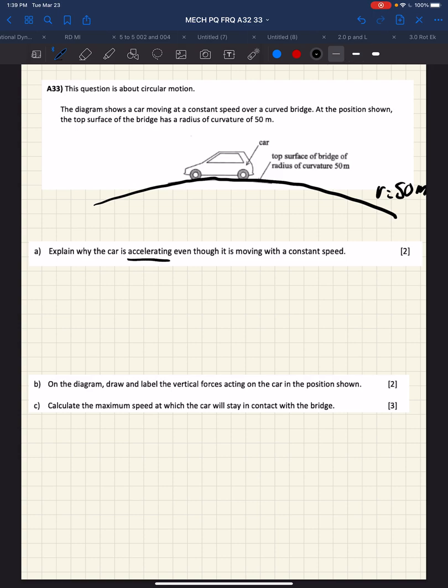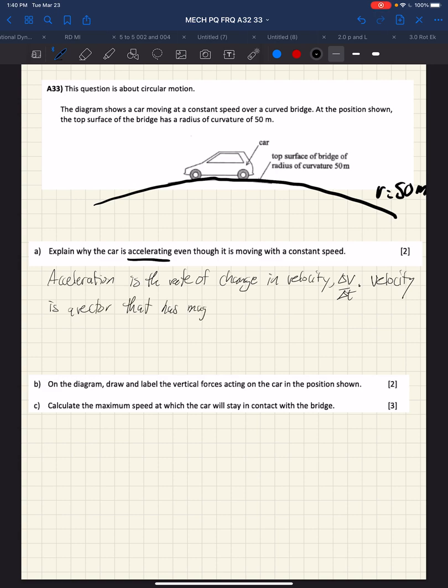So again, to the format, what we want to start with is a definition or a principle. And once we define it, we say right off the bat, acceleration is the rate of change in velocity, delta V over delta T. Velocity is a vector that has magnitude, the number, and direction.